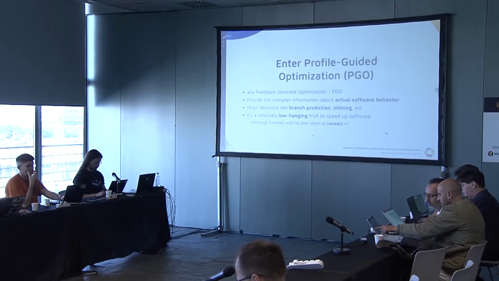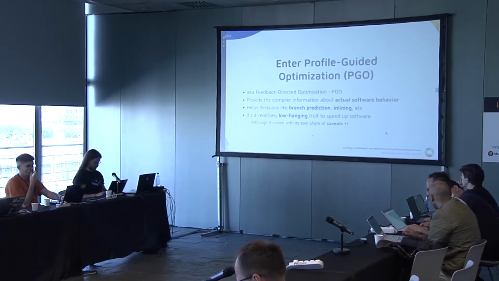We provide real world data, and then the compiler knows, for example for branch prediction, that this body of the if is not a hot path, so we can just move it away and optimize.